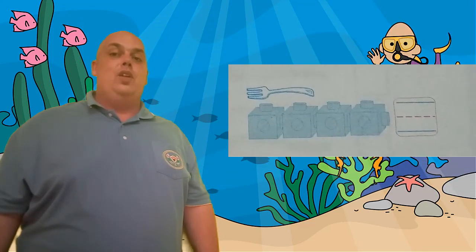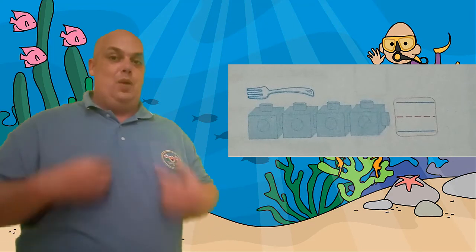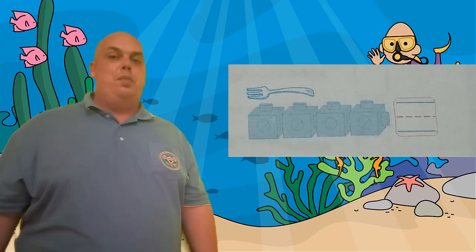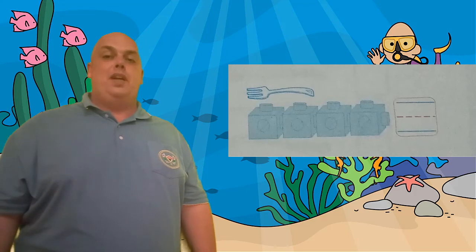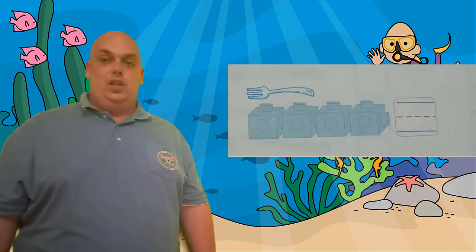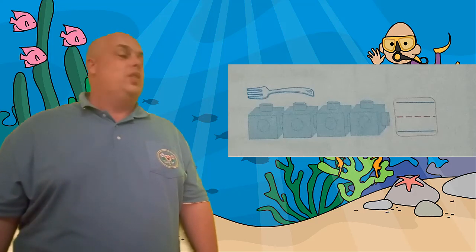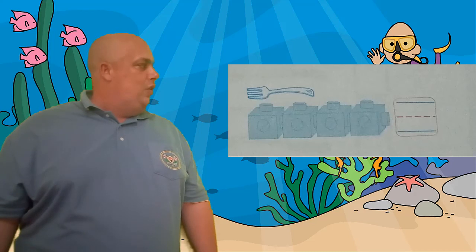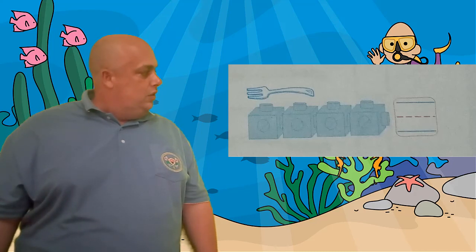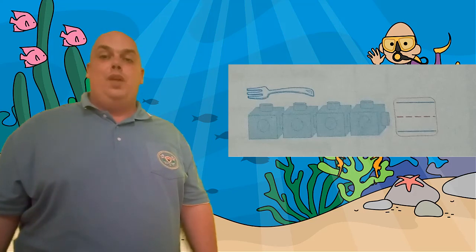Which brings us to the last picture that I'm going to help you with. Not the last picture of the page, just the last one that I'm going to help you with. And the last one is a fork. Repeat after me. Fork. Very good. Now, how many blocks do we see? 1, 2, 3, 4. I can see 4 blocks.